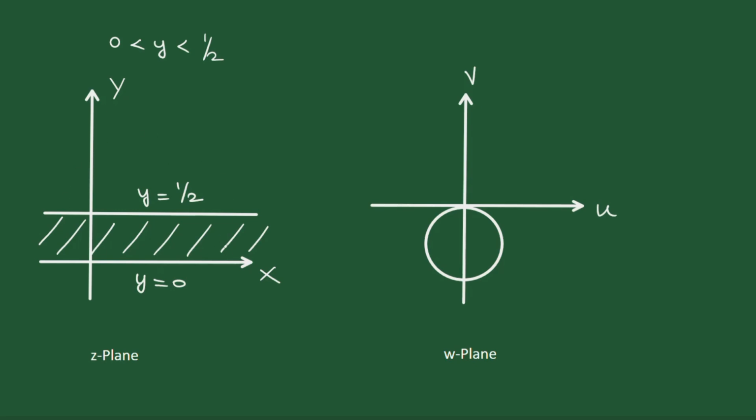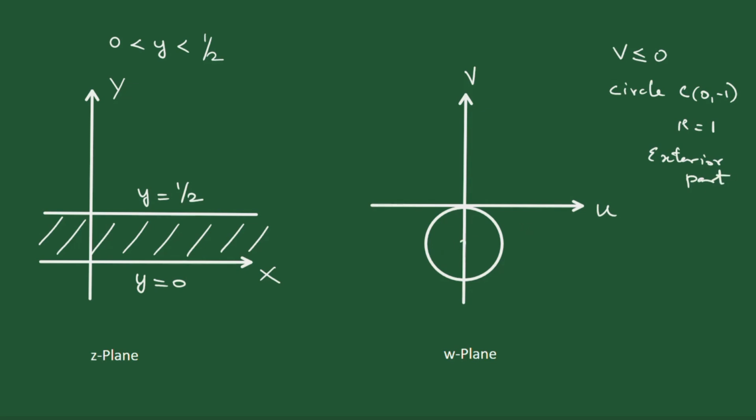So now the image of this infinite strip is nothing but the region represented in the W plane like this. Here we have identified two equations. One is v less than or equal to 0. Another is the circle with center 0 comma minus 1 and radius 1, and moreover it should be the exterior part of that circle.